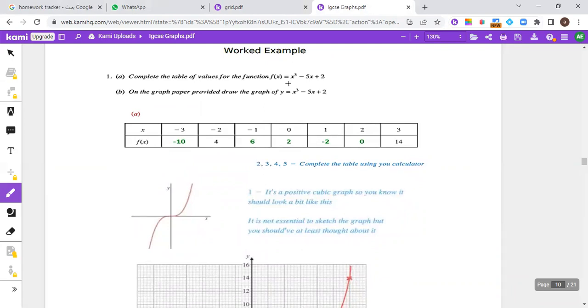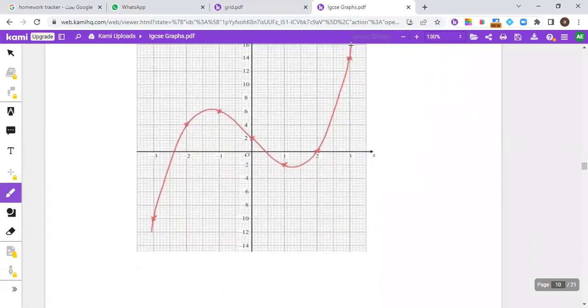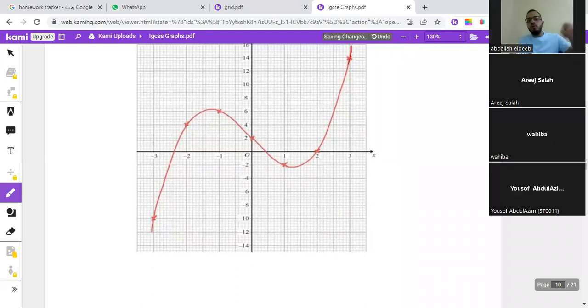You have this function, you can use the calculator to find the missing values, then you can graph it. And if you graph it, it will be something like this. As you see here, we don't use the ruler. It is a smooth curve like this.